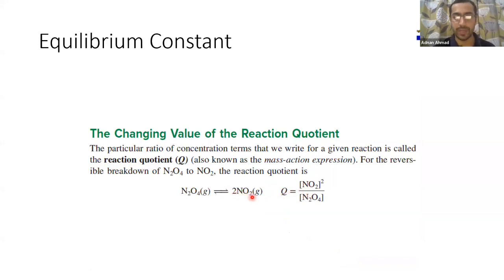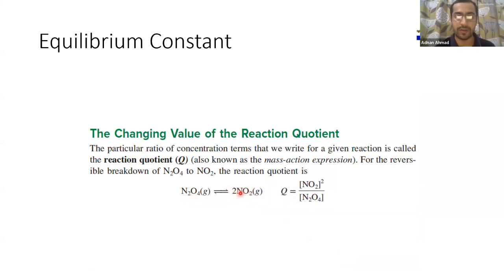If you look here, we have 1 mole of N2O4, which is dinitrogen tetraoxide, and here we have 2 moles of nitrogen dioxide.